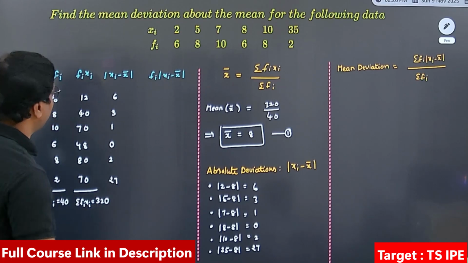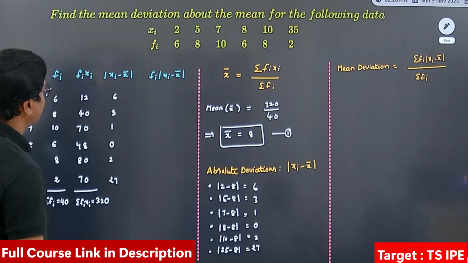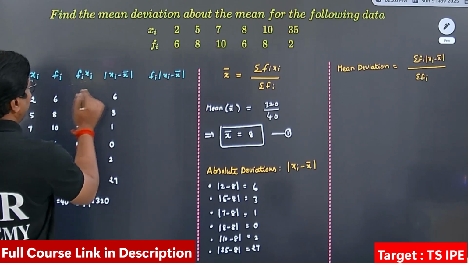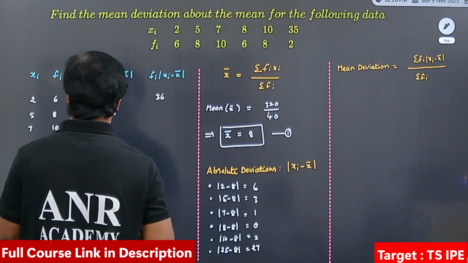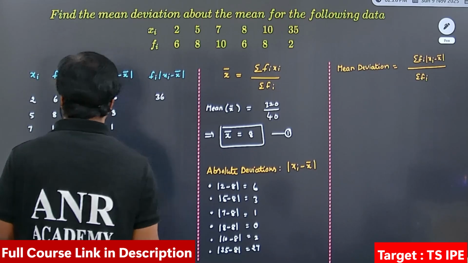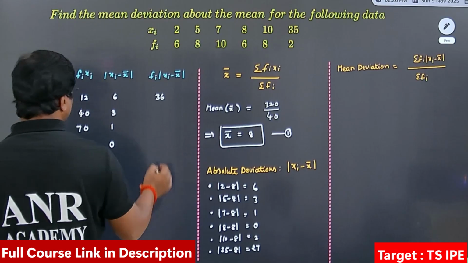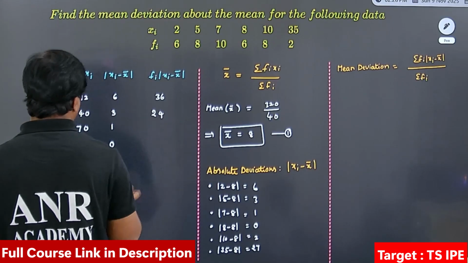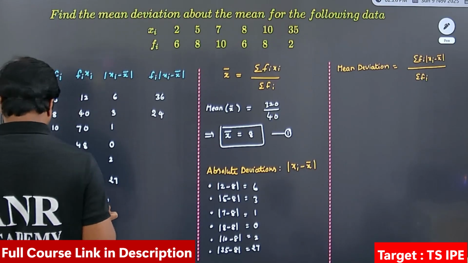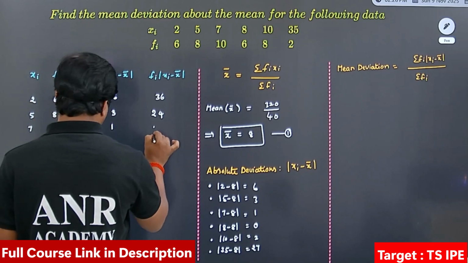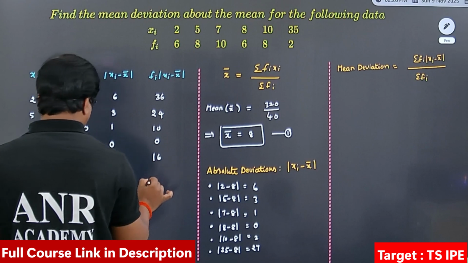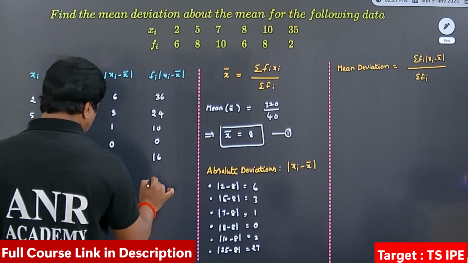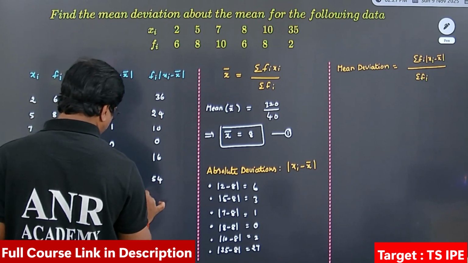Next, I am going to calculate fi times mod xi minus mean, the product of fi and mod xi minus mean: 6 into 6, here it is 36. Next, 8 into 3, that is 24. Next, 10 into 1, 10. After that, 0. Next, 16. And then 27 into 2, it is 54.